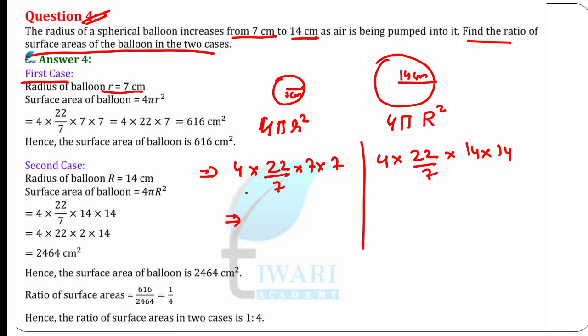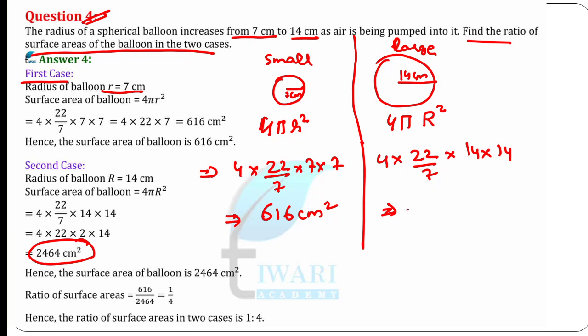On solving, the small balloon will have 616 centimeter square, and the large balloon will have 2464 centimeter square.